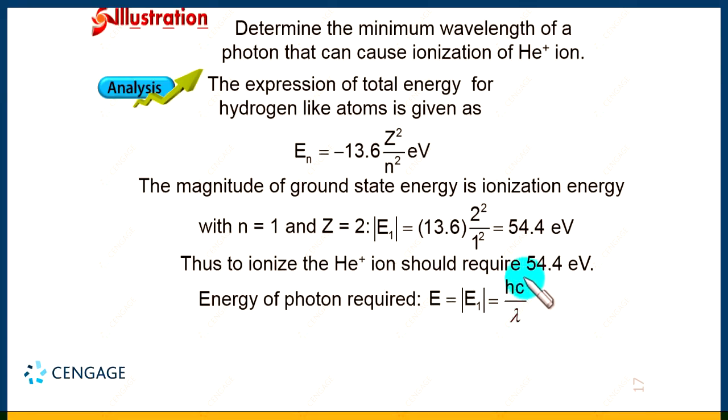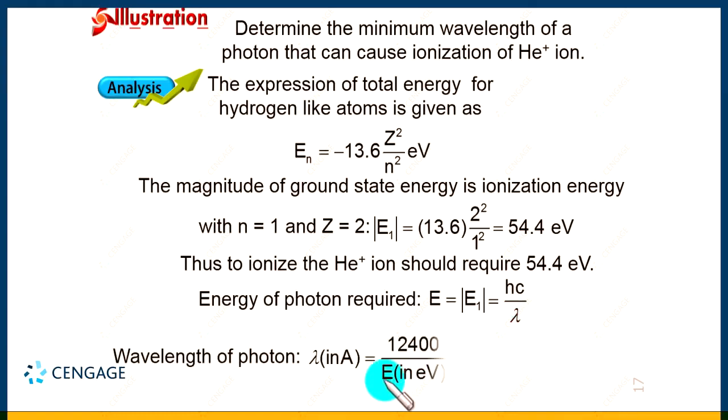And we know this hc is a fixed value, and we have the shortcut formula for calculating the wavelength. If we express the energy in electron volt and lambda in angstrom, we can write lambda equal to 12400 divided by E in electron volt.